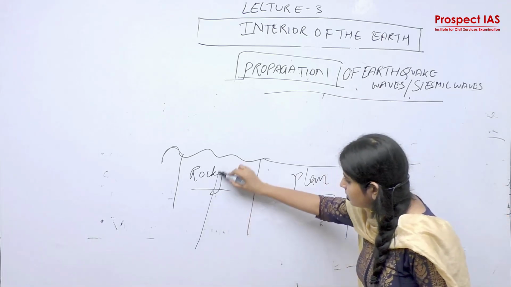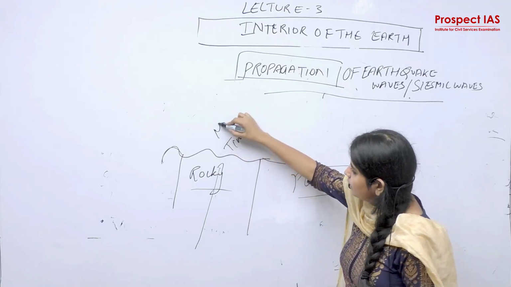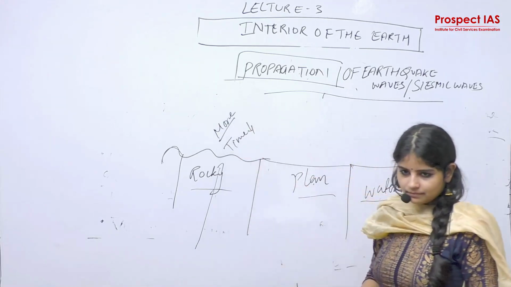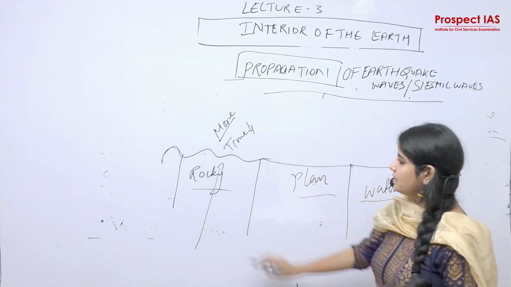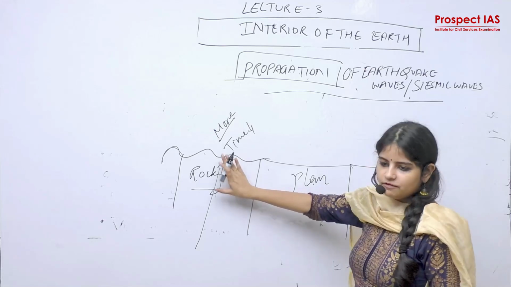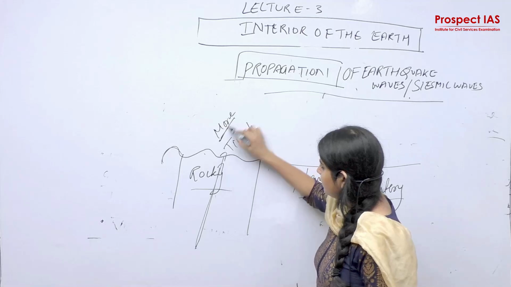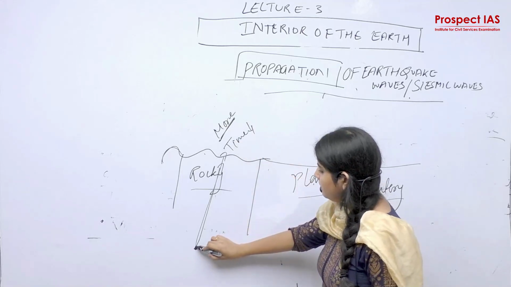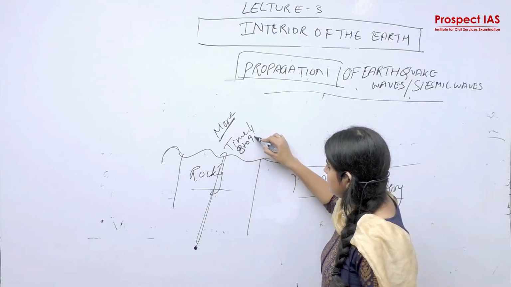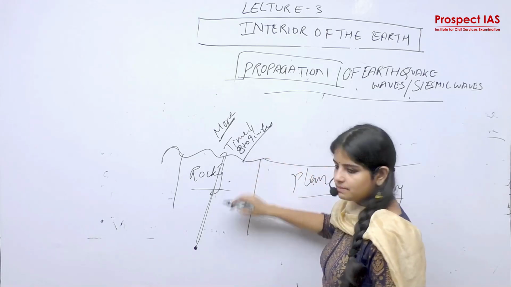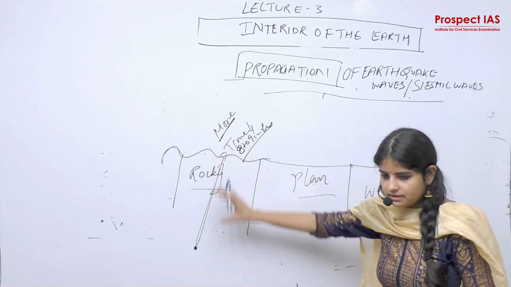Here it will take more time to reach the surface. If an earthquake is happening, suppose in the Tibet zone of the Himalaya, the time to reach the surface will be more. Suppose from the mantle it will take 8 to 9 minutes to reach the surface. The propagation time becomes high because of the solidification of the structure.